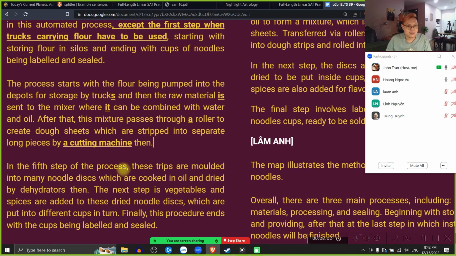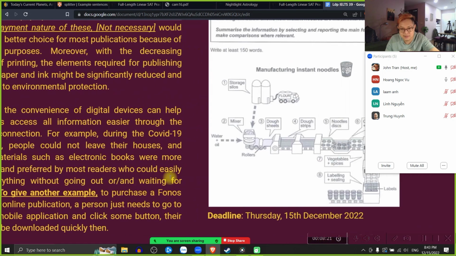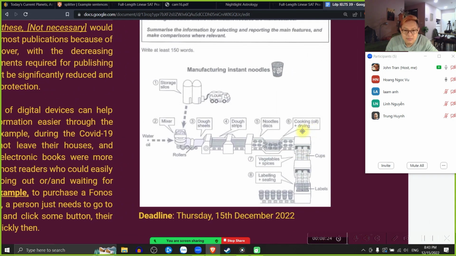In the fifth step of the process, these strips are molded. Được giống như tạo khuôn rồi đó. Into mini noodle discs, which are cooked in oil and dried by dehydrators. What dehydrators? Là cái máy sấy á thầy. Dryer. Okay, dryer. Chứ mà em không muốn dùng lại chữ dry kia nên em dùng dehydrator. It means you remove the water, yes?